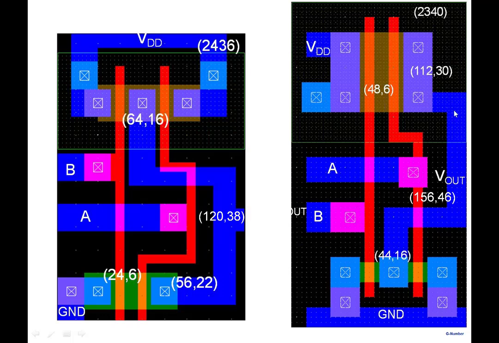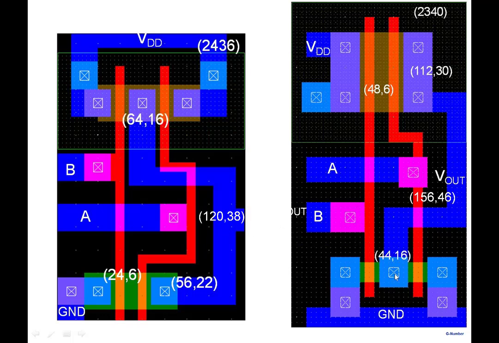So for the NOR gate, again, all of these are there. At the output here, we have an effective drain to body area which is 156 compared to 120, and 46 compared to 38. So it is larger because of the larger sizes that you see here. But the increase is not too much compared to this.